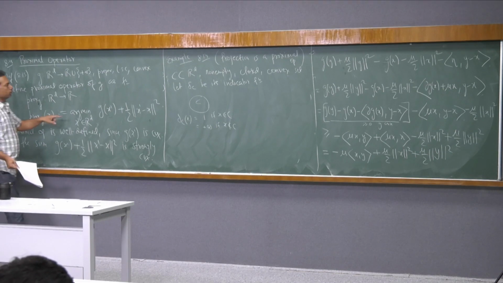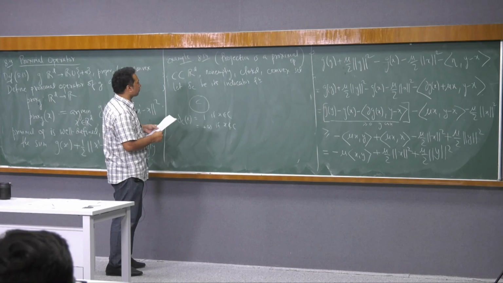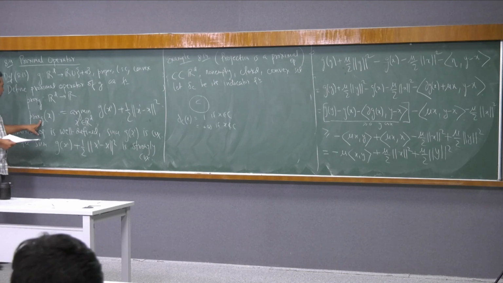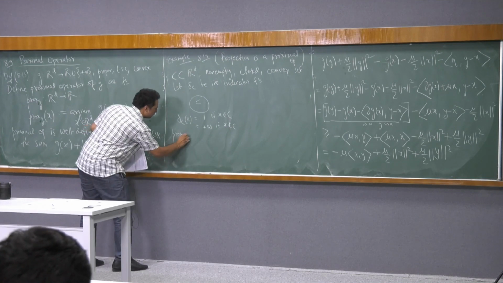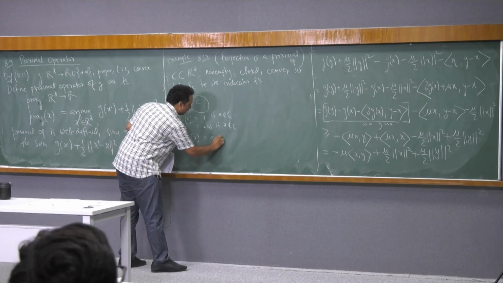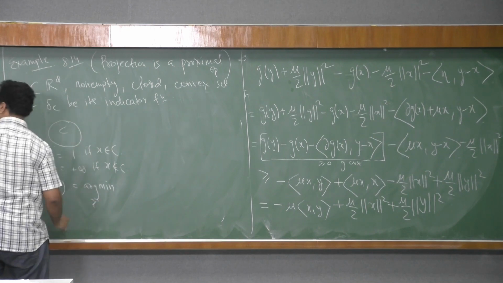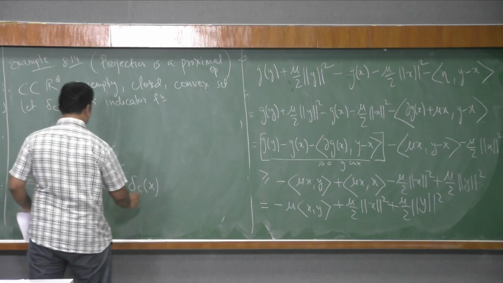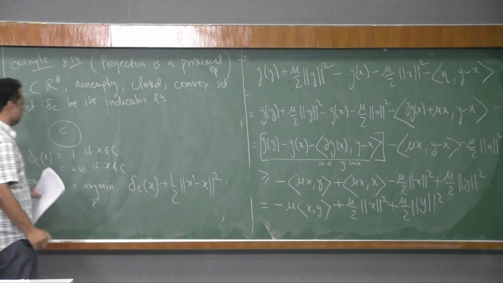Let us write that. We will use the same notation: prox with subscript delta C, and we are trying to define that. This will be the argmin over x' of delta C of x' plus half x' minus x squared.